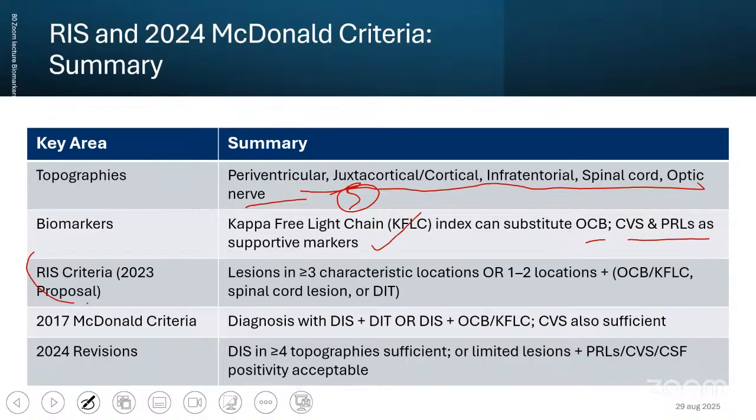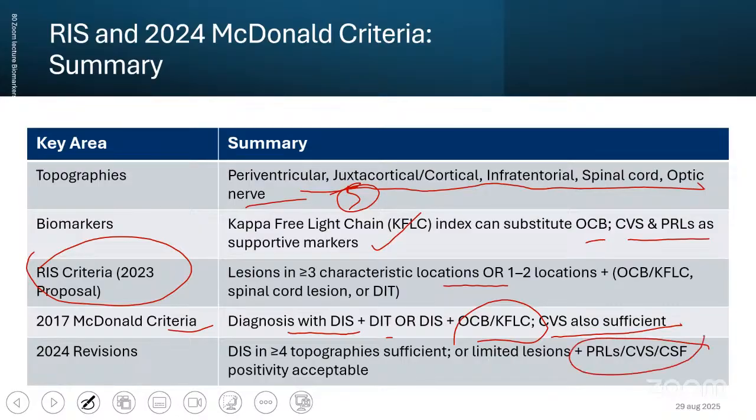For radiologically isolated syndrome, the criteria are lesions in more than three characteristic locations, or one to two locations plus OCBs, spinal cord lesions, and/or dissemination in time. In McDonald 2017, it was dissemination in space, time plus OCBs. CVS also is sufficient here. So there are revisions, and the revisions have introduced all these various biomarkers.